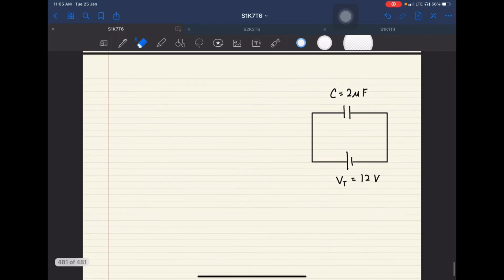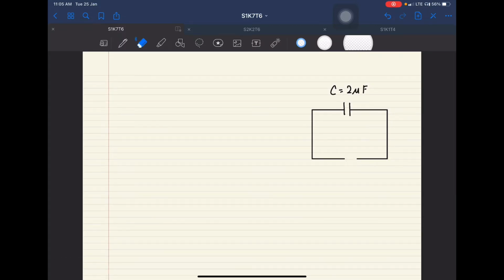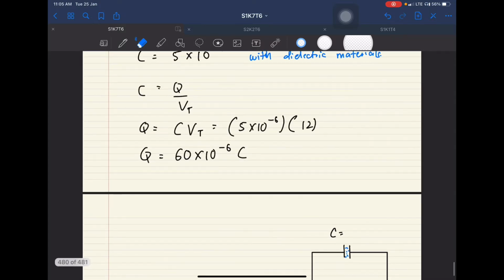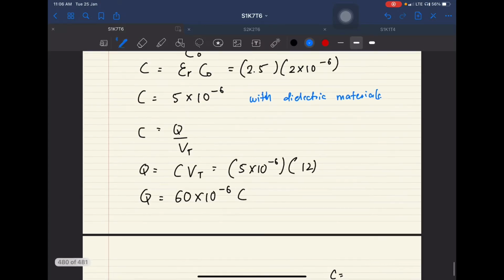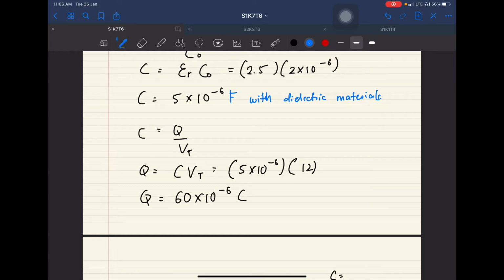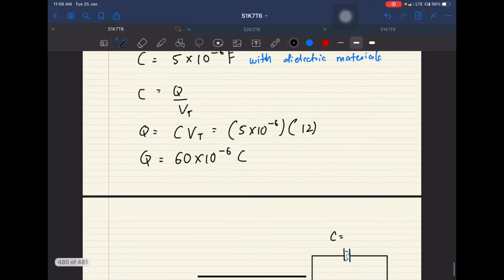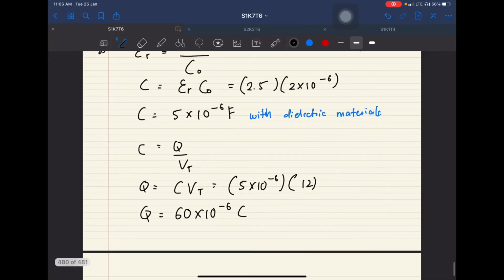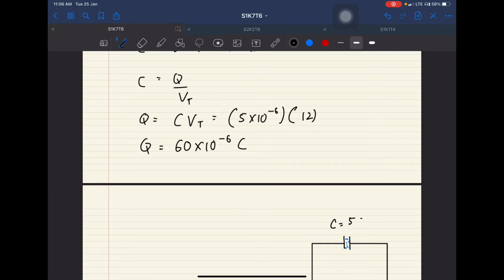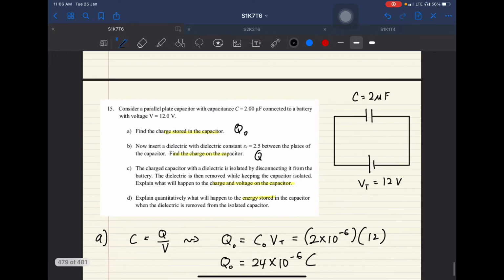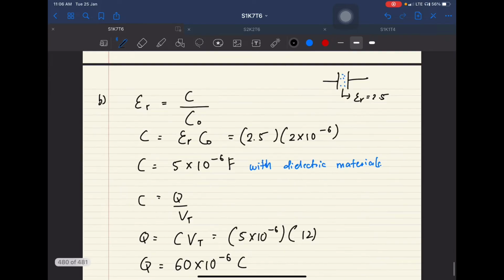Before the battery was removed, you had a capacitor with dielectric material, so the capacitance here is actually 5 times 10 to the negative 6. I forgot to put farad there. I just redrew the circuit and everything. So it's C not actually.